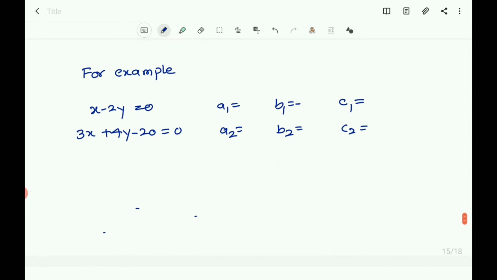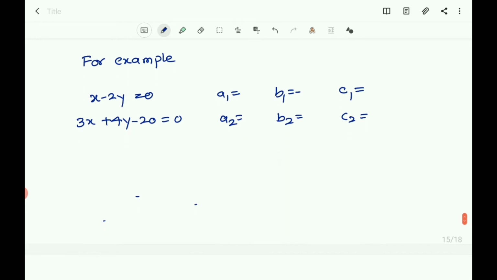Now take an example. The first equation is x minus 2y equals 0, and the second is 3x plus 4y minus 20 equals 0. For the first linear equation, find a1, b1, c1.